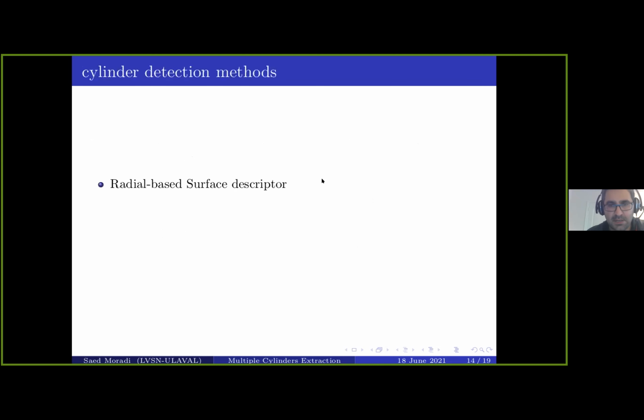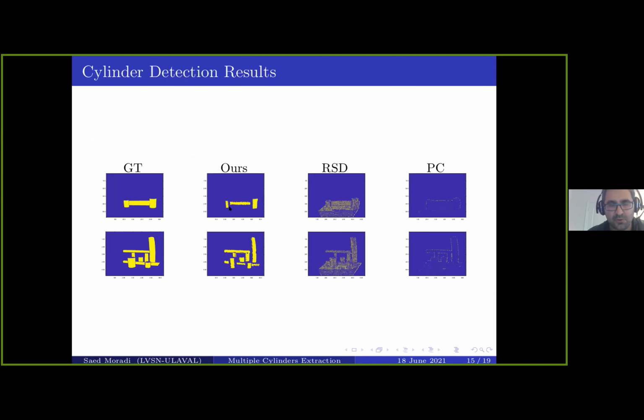Let me just show this one. This is the image. It is taken in front of the scene. Do you see my mouse cursor here? Yes, I see. Okay. For example, for this one, in the best case, it's just 30% of the surrounding points of a cylinder.